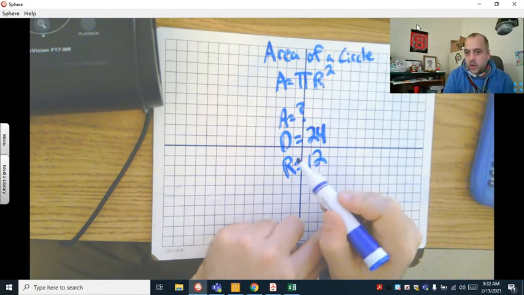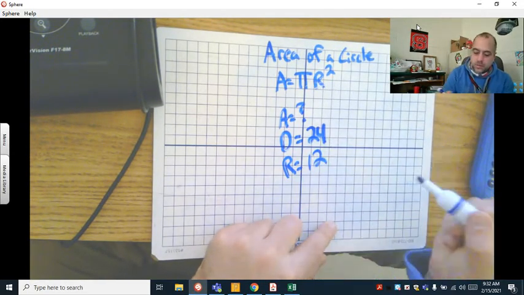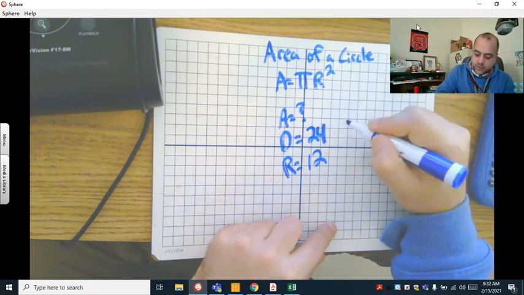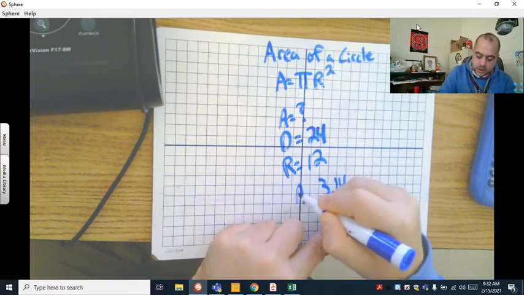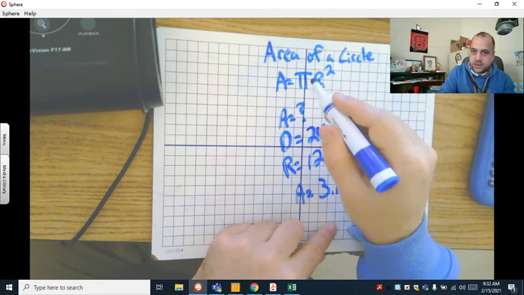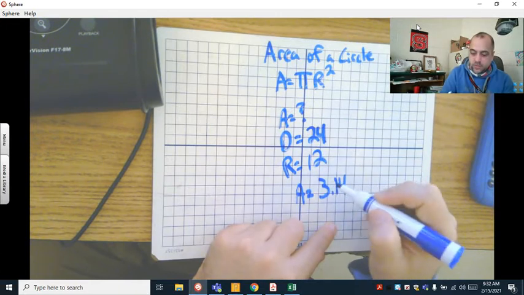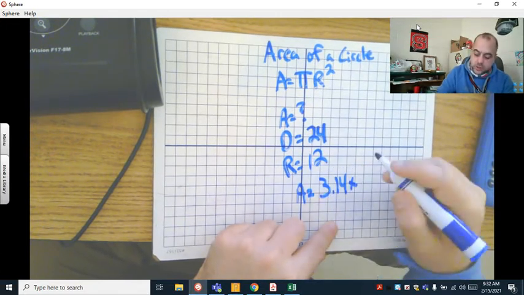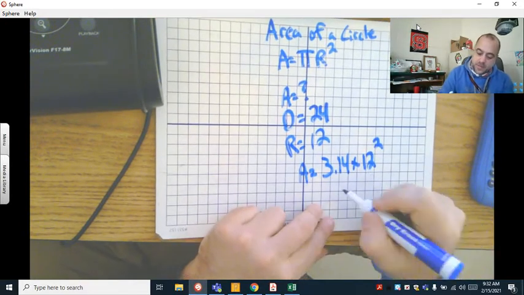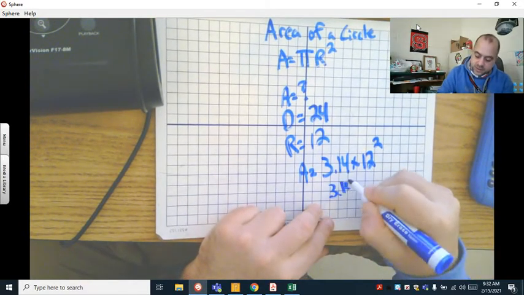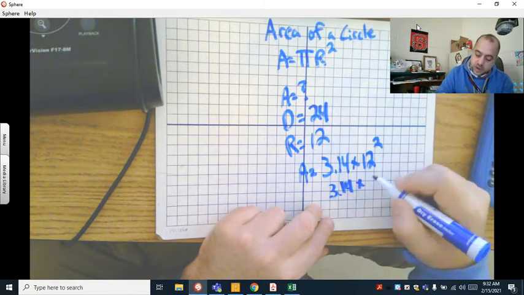And if we know the radius is 12, we can do our problem. Area equals pi, 3.14, times the radius, which is 12, to the second power. Don't forget that. 12 times 12 is 144.